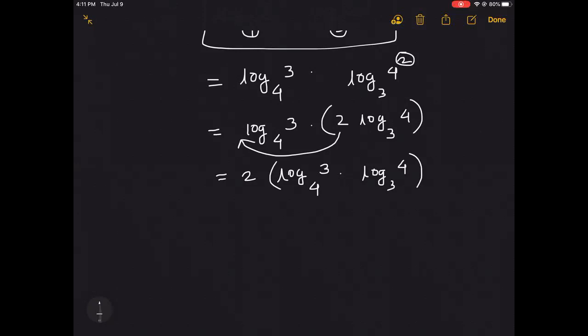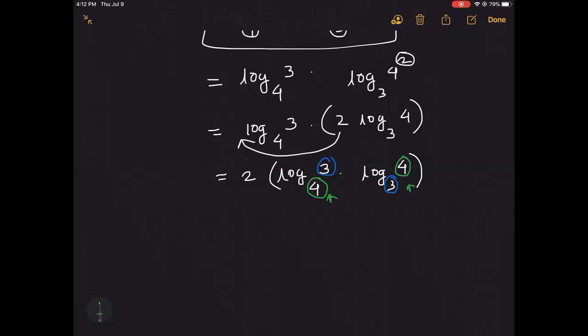What I can see, first of all, is that we have the same numbers, but in the opposite order. It's log 3 base 4 and the other one is log 4 base 3. Can you see that?